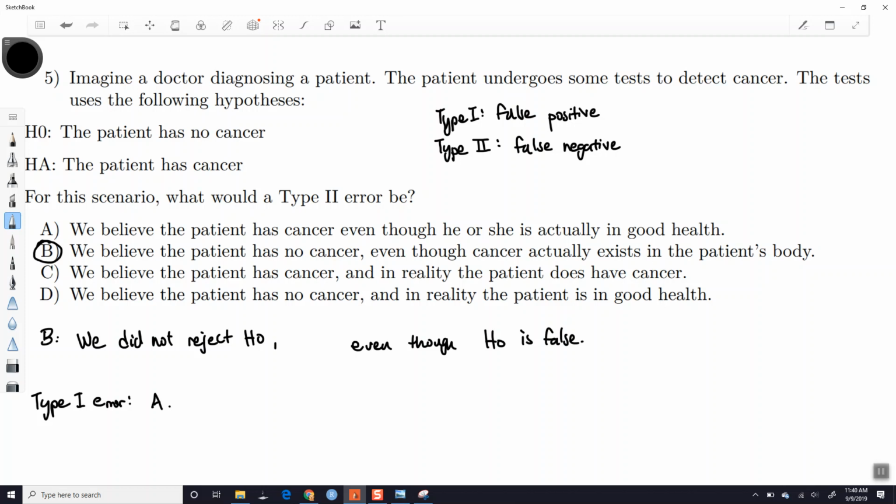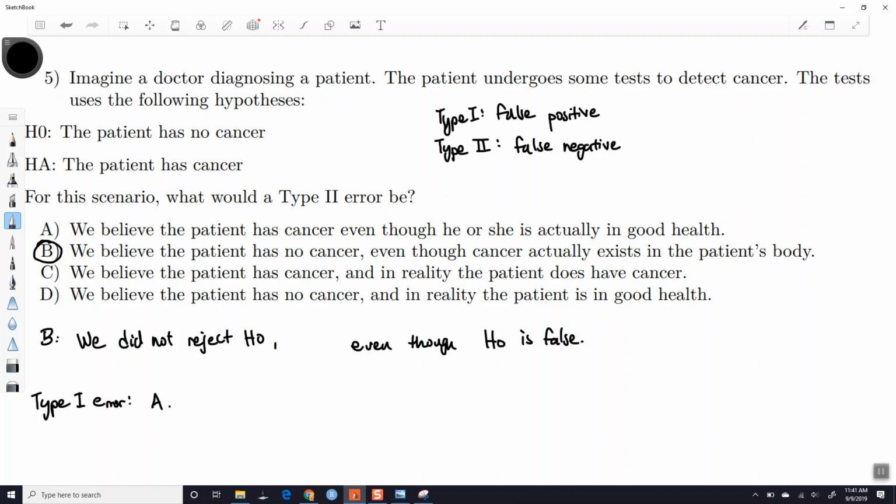Type 1 would be maybe the patient gets scared into believing they have cancer when in actuality they are healthy. And I guess maybe the consequences depend on at what stage, right? If you're going to start some kind of drastic treatment like chemotherapy that has severe consequences on the body, maybe starting that when somebody doesn't actually have cancer would be a terrible thing to do as well.